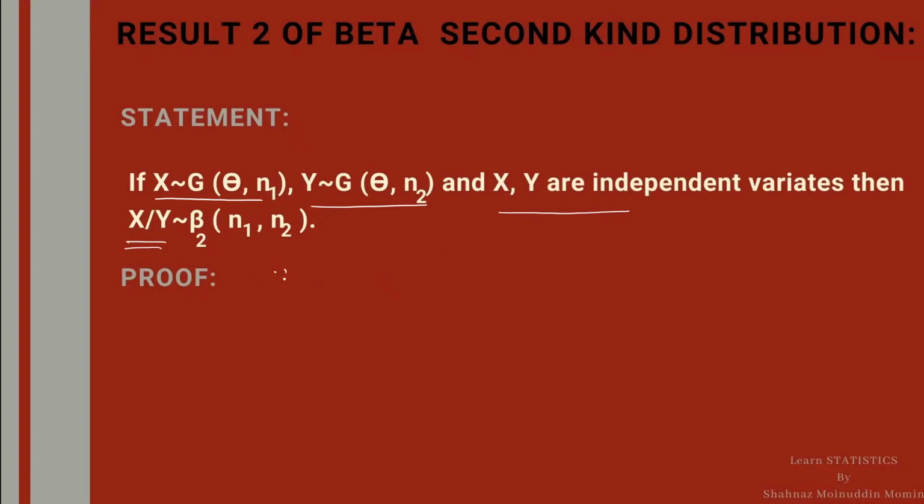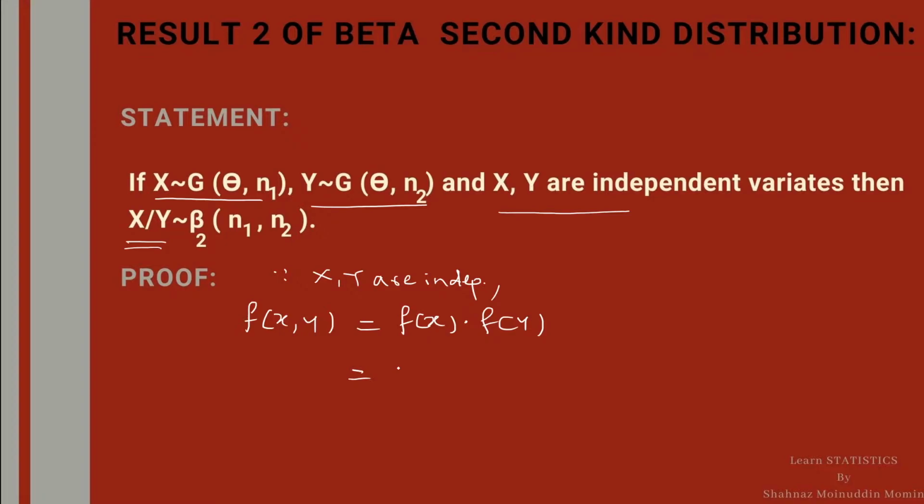Since x and y are independent, we know that the joint probability density function of x and y is equal to the product of marginals, means f(x,y) is equal to f(x) multiplied by f(y), where f(x) is the PDF of gamma(theta, n1) and f(y) is the PDF of a variate y with parameters theta and n2.